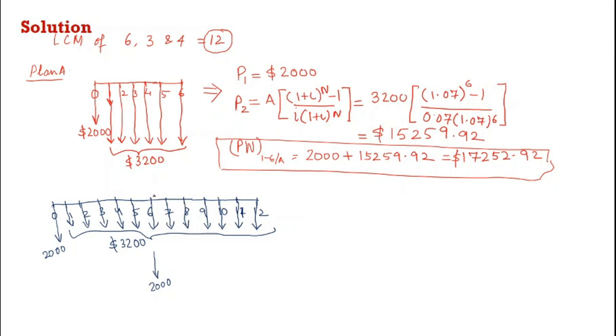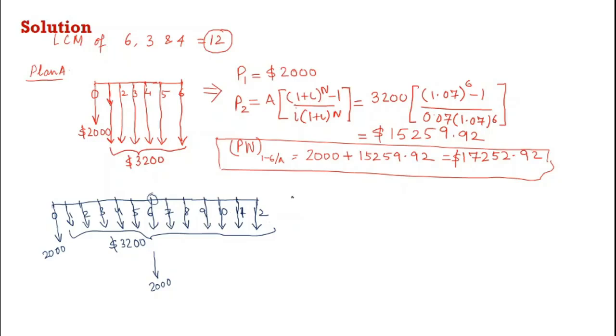Here what we are doing, we are taking the advantage of the repeatability assumption, and at this point of time we are purchasing plan A or going for plan A once again, that is investing $2000 as the first cost, and these are the annual costs which continue till the end of 12 years.